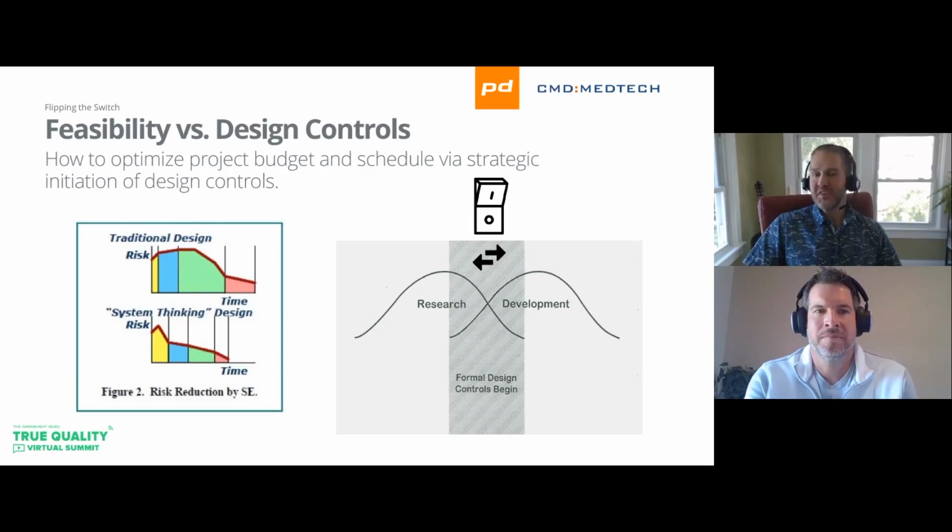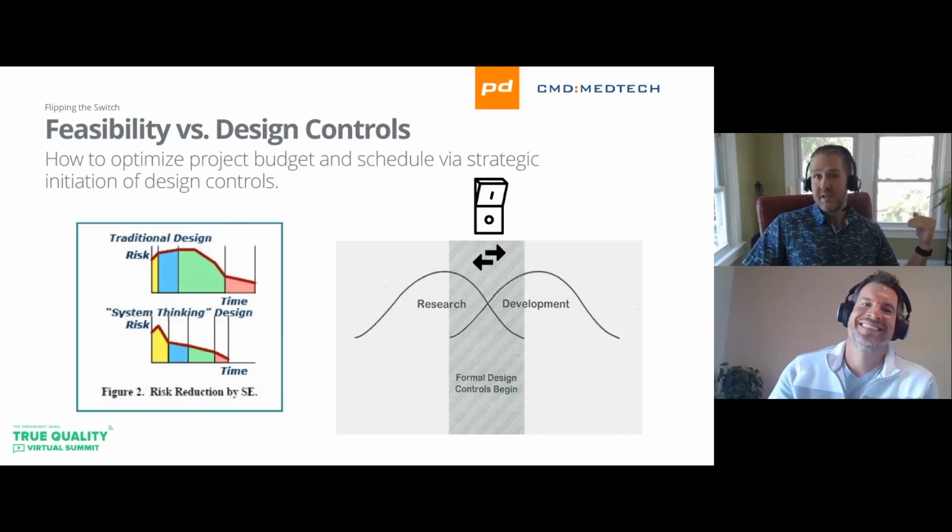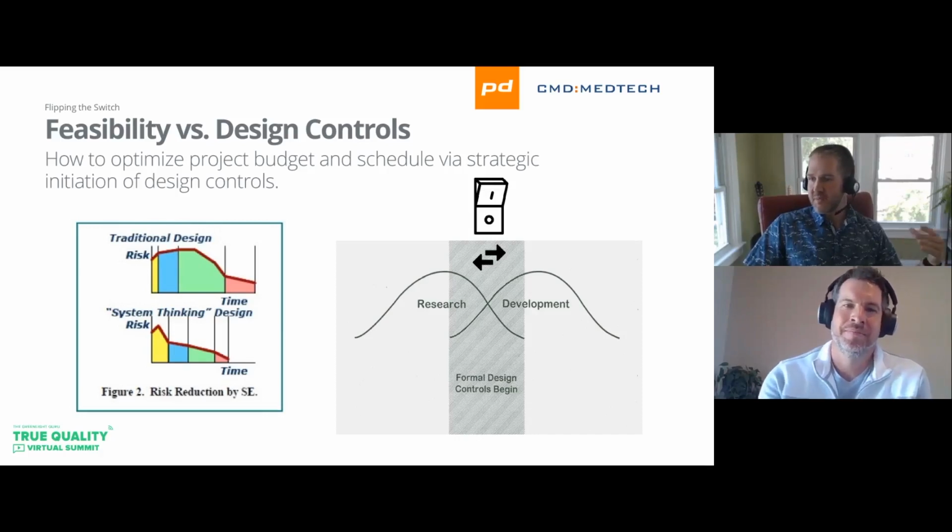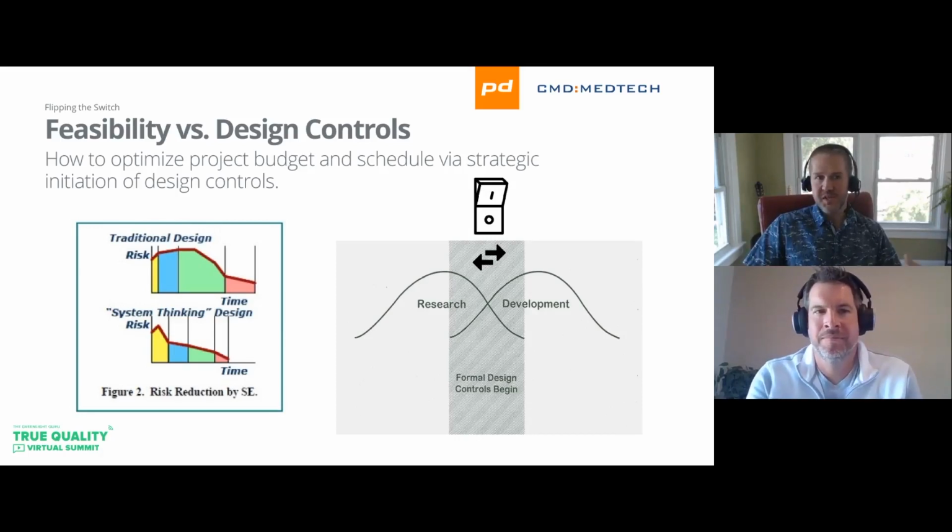So when you flip it, determine it based on risk, using the tools in your toolkit, using some of the tools Jamison and I have talked about, or some that you've developed internally or that you like. Flip that switch based on input from your cross-functional team. That's critical, including the voices of your stakeholders: the end users, the patients, the clinicians, the regulators.